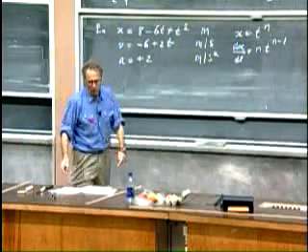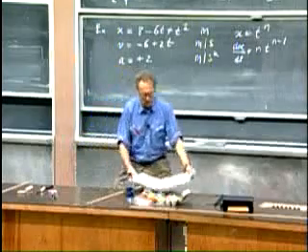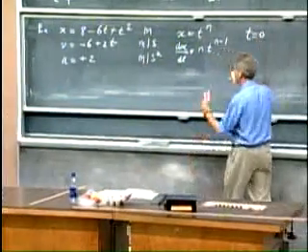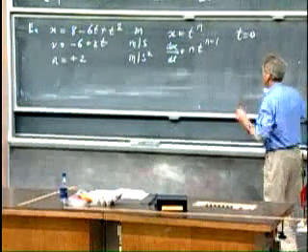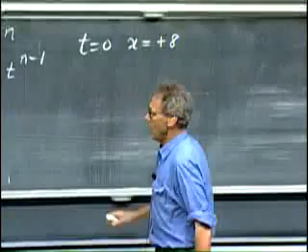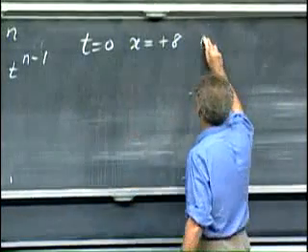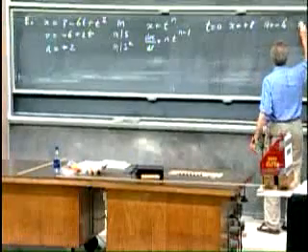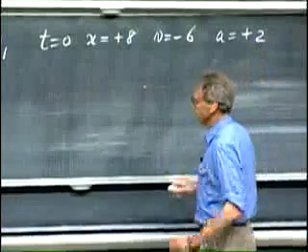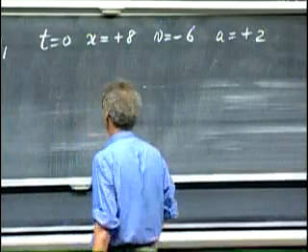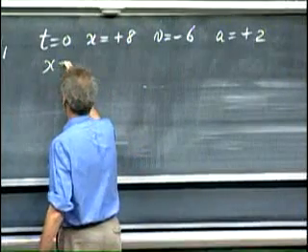Well, at time t equals 0, I'll start to probe a little bit. I want to get a feeling for what this object is doing. At time t equals 0, x is plus 8. The velocity is minus 6 meters per second, and the acceleration equals plus 2. I can also ask myself, at what time is x equal 0?